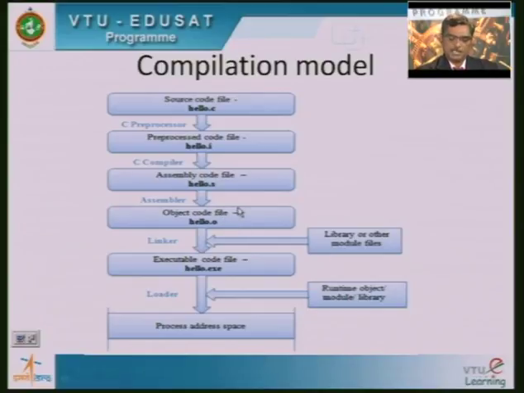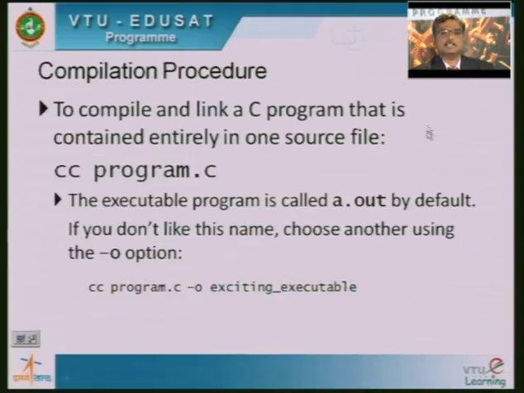The object code is linked with the libraries which are essential for your program to run, and finally the executable code is generated, and the executable code comes out with results. So this compilation model is supported in C language to make your program run.